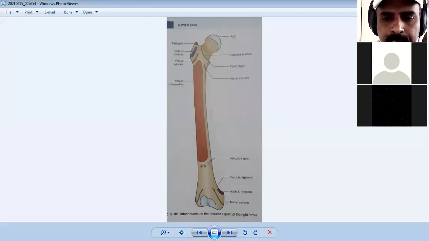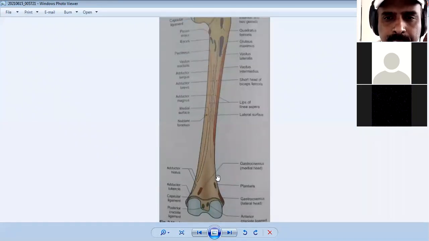So after this anteriorly, going to the posterior aspect, you have to remember that the posterior border of the middle one third of the shaft of the femur is called the linea aspera. I have told the medial lip of linea aspera and lateral lip of the linea aspera. What are the attachments of the linea aspera?